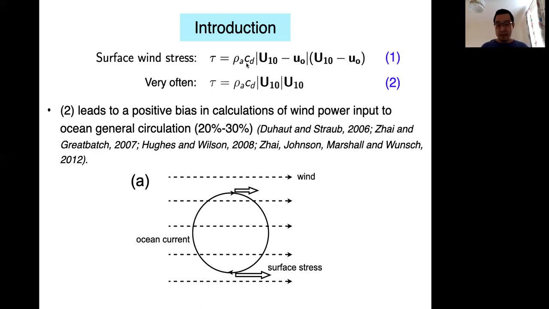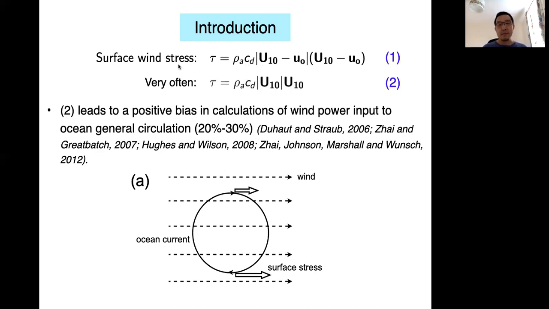CD can be a function of wind speed and also stability of atmosphere boundary layer. U10 here is 10 meter wind velocity, and UO is ocean surface velocity.